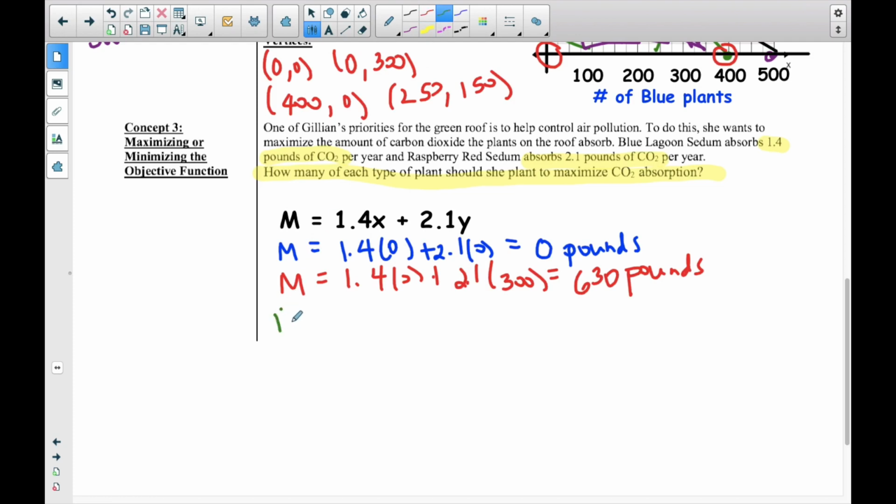And then our next one, I'm going to pick 400, 0. I'm going to plug that in, 2.1 times 0. That's kind of hard to read, but that's 2.1 times 0. And so 1.4 times 400, I believe, is 560.